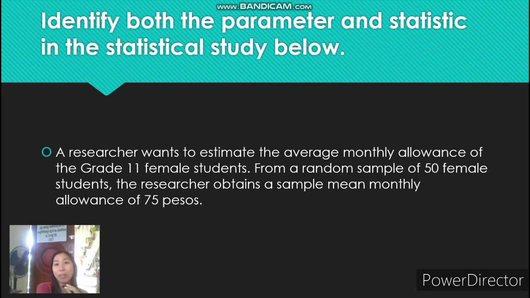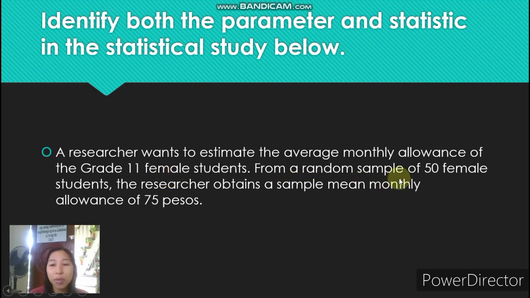Alright. Let's have the first example, so that after this you can answer the activity. Let's have this as an example so you can better understand the answers. Identify both the parameter and statistic in the statistical study below. Let's read. A researcher wants to estimate the average monthly allowance of grade 11 female students.